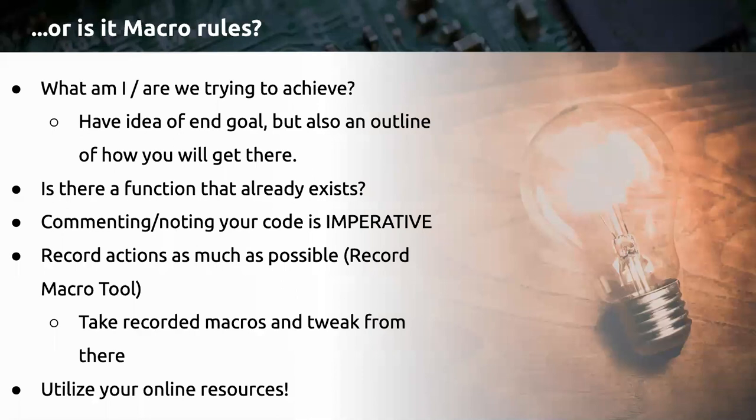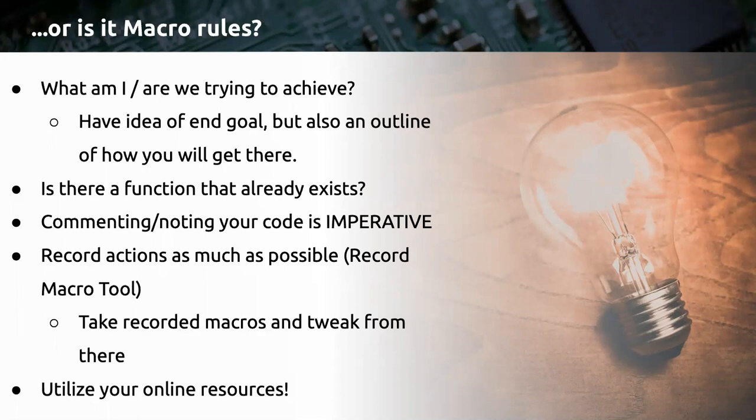Do we have an end goal in mind? Do we have an outline about how we're going to get there? All of that is super important to make a really good macro and make it flexible enough to function the way you want it, whether I'm thinking about it in one workbook specifically, or I want this macro to work across any sheet that I make or create.